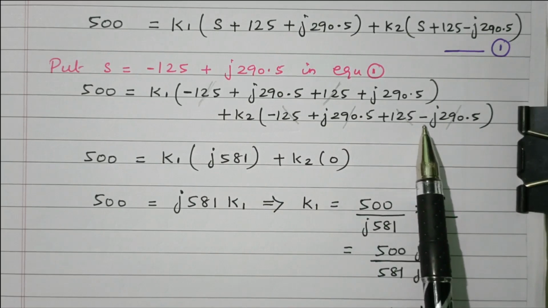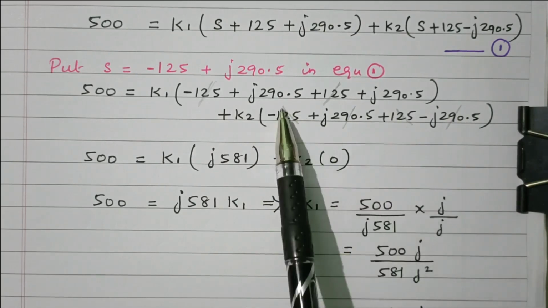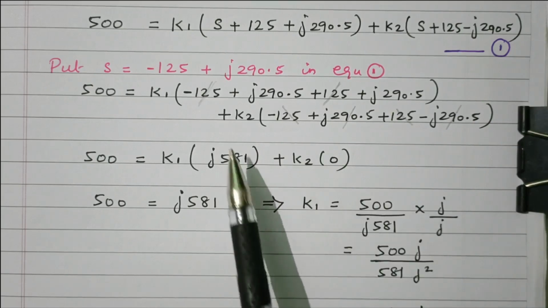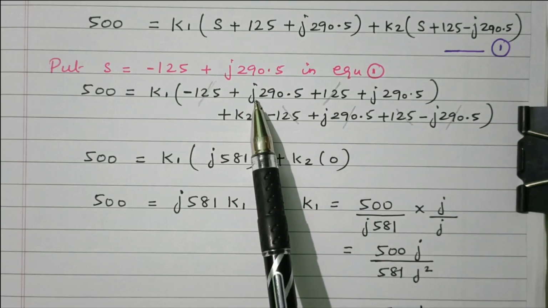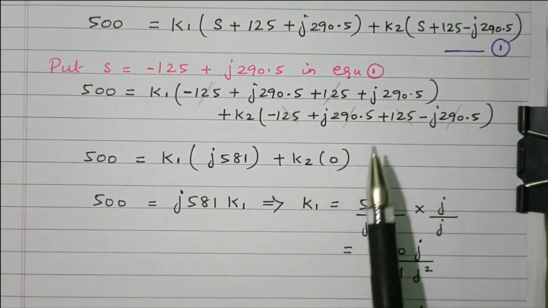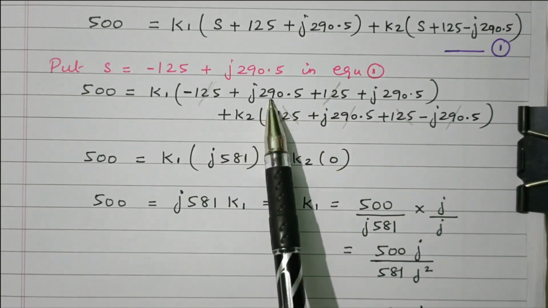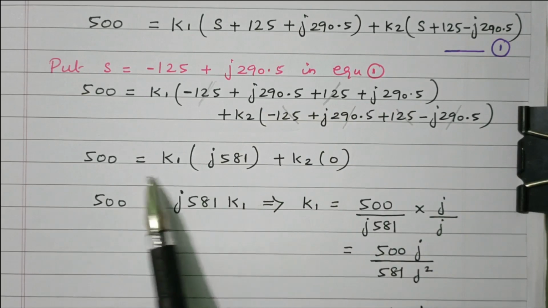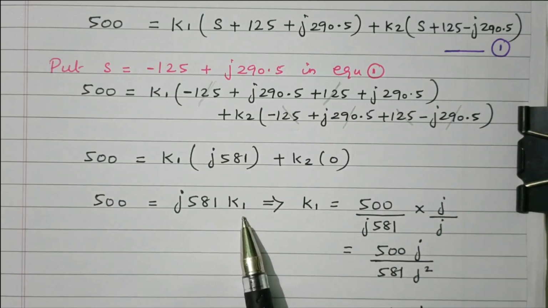Plus 125 minus J 290.5. These two terms got cancelled and these two terms got cancelled. Here also minus 125 plus 125 got cancelled. Only we have J 290.5, and here one more J 290.5. So this K2 term is 0. By adding these two we got 581. So 500 equals J 581 K1.